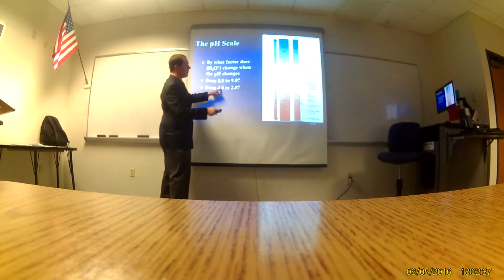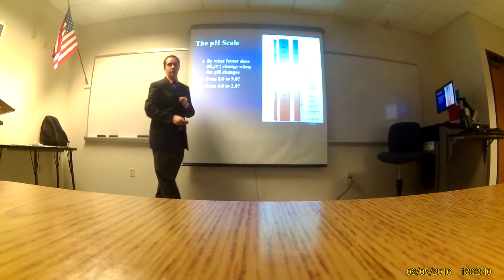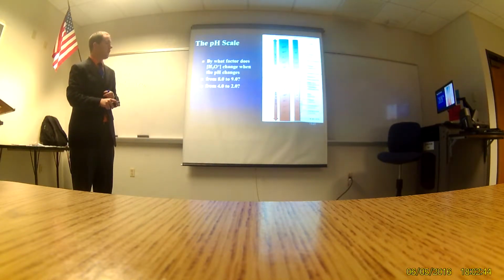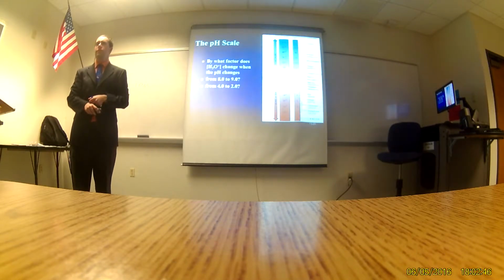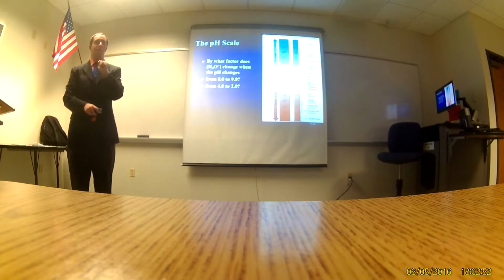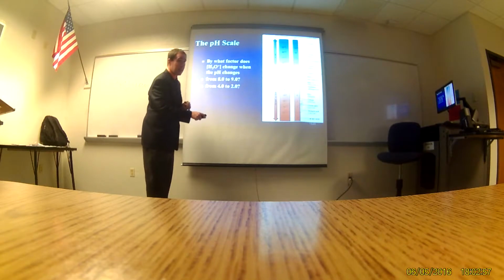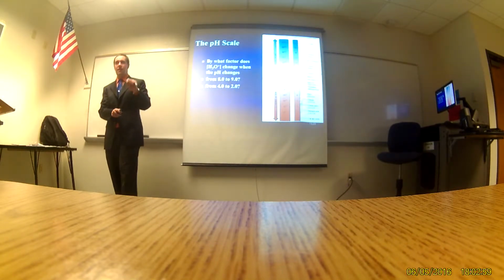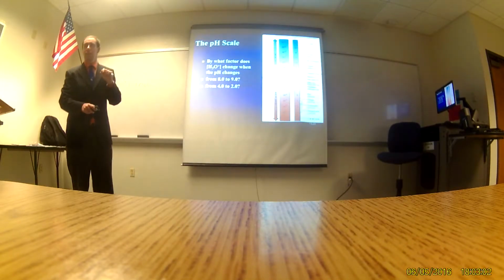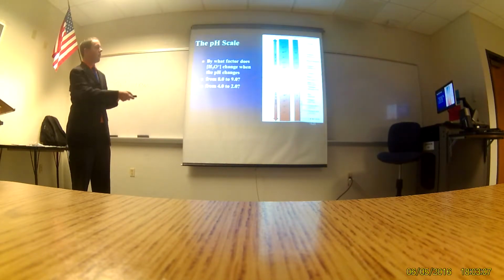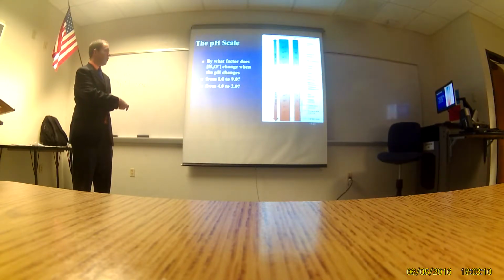Let's go from a 4 to a 2. What is the factor difference there? Be careful. It's 100. You go 10 times 10. It depends on which direction you're going.